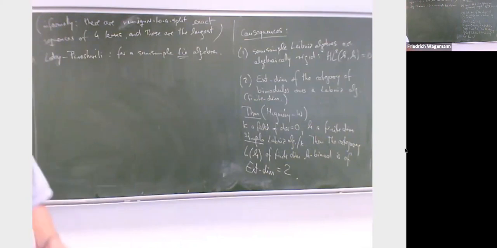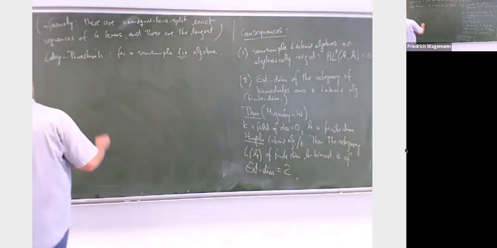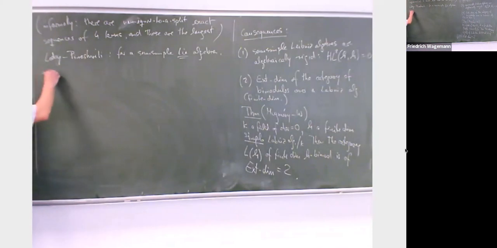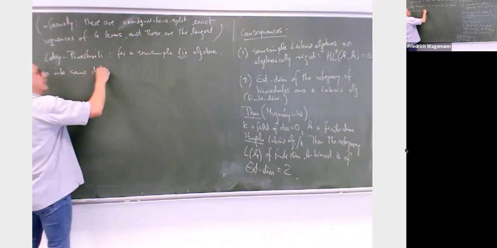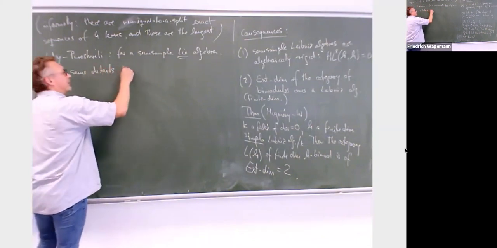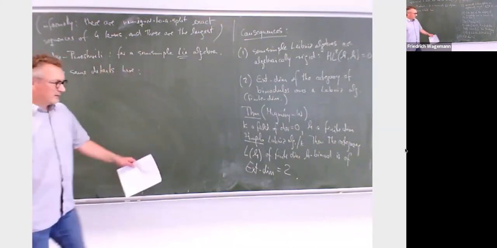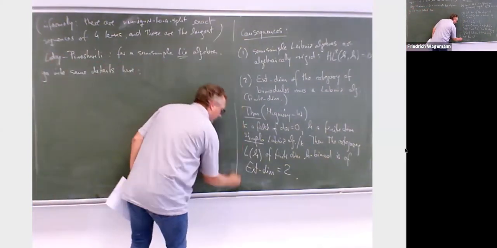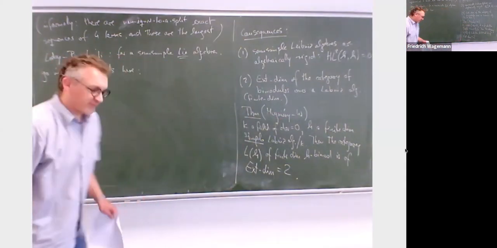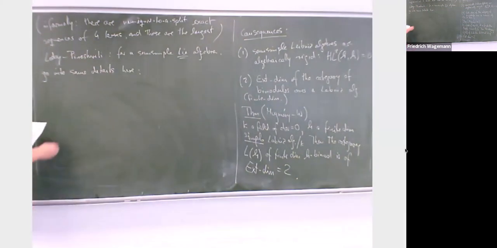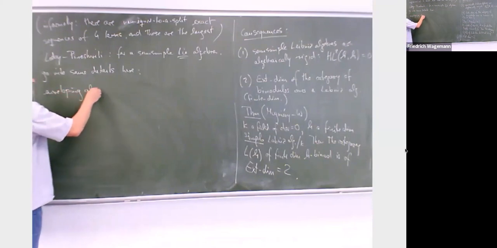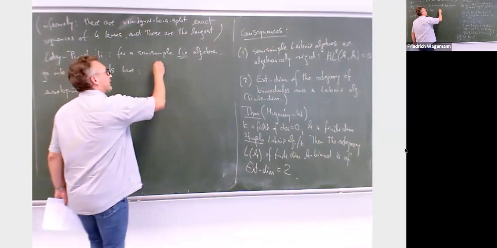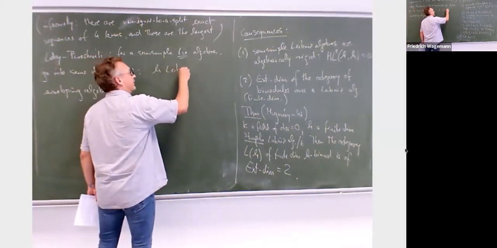Okay, so in order to go into some details, I now go into some details about the proof of this theorem and the looping algebra, for any Leibniz algebra H.